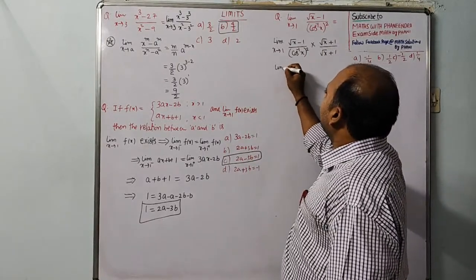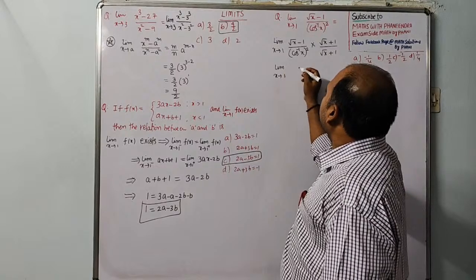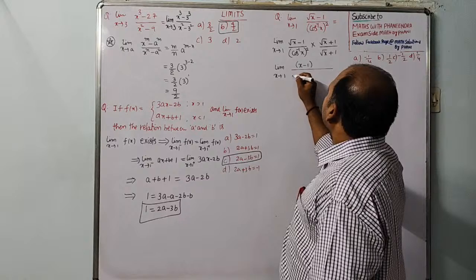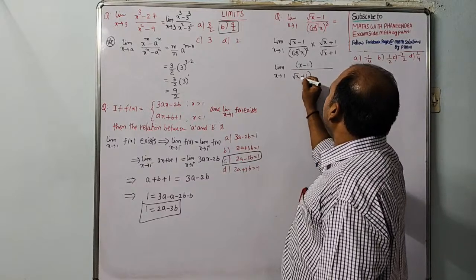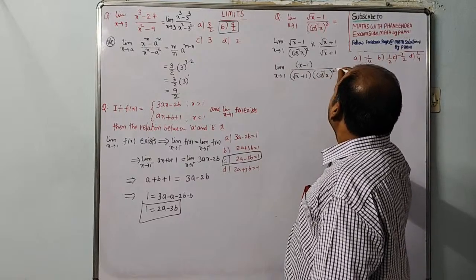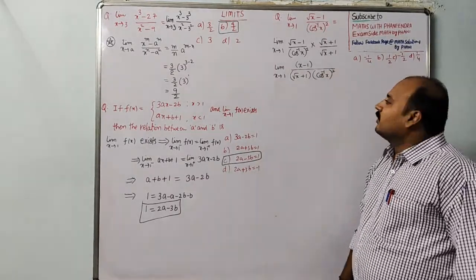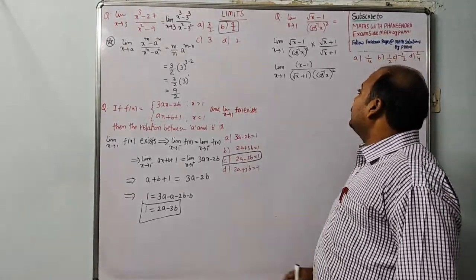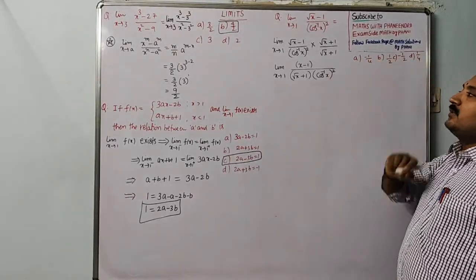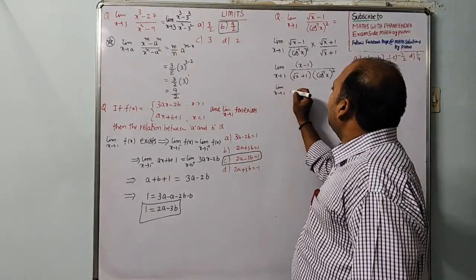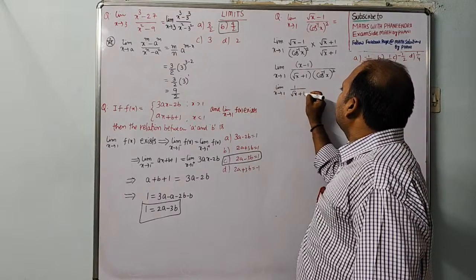So this limit will become, limit x tends to 1, x minus 1 divided by root x plus 1 into cos inverse x whole square. Now what we have to do is, after this step, limit x tends to 1, 1 by root x plus 1, this you have to separate.